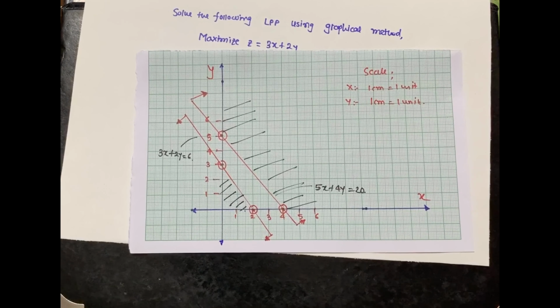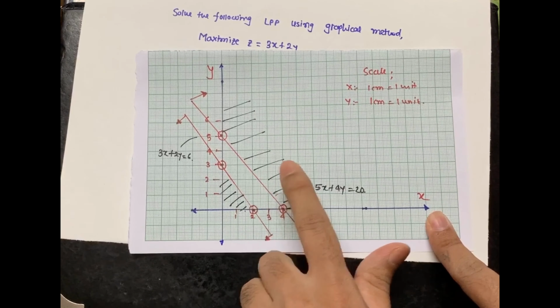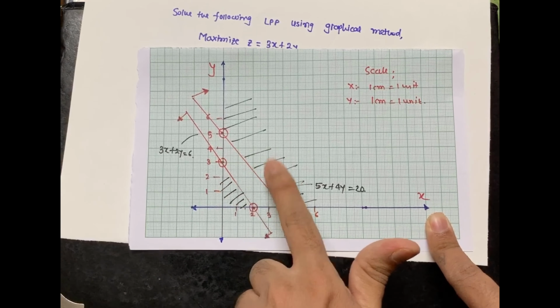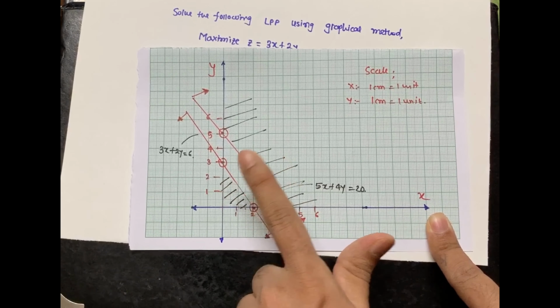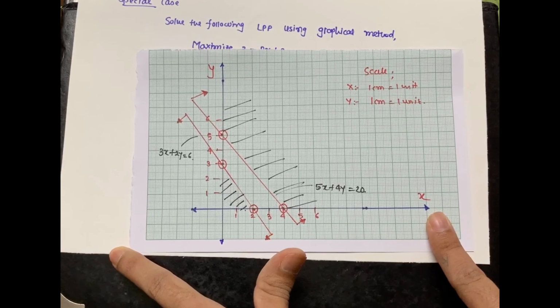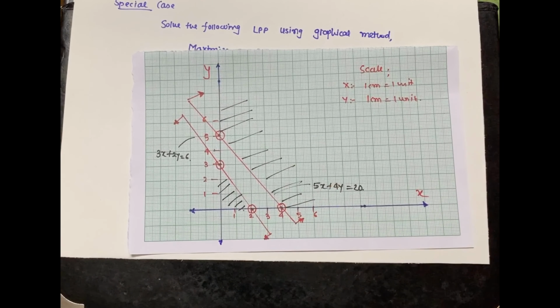Now the common region between these two constraint equations is null, it is 0, it is nothing, because both the constraints are separated, they do not have any common region. So this type of condition will not result in a feasible solution. This is referred to as an infeasible solution.